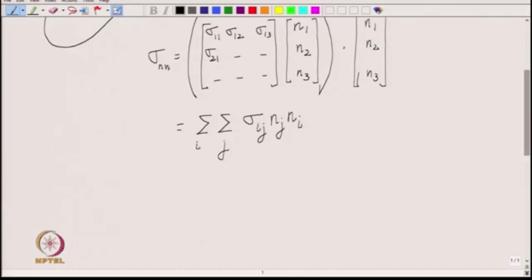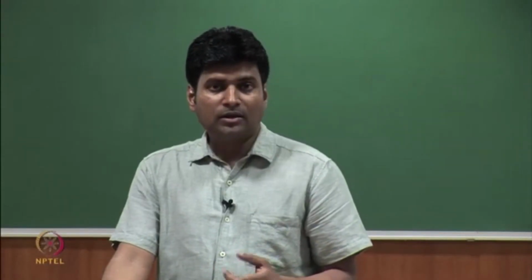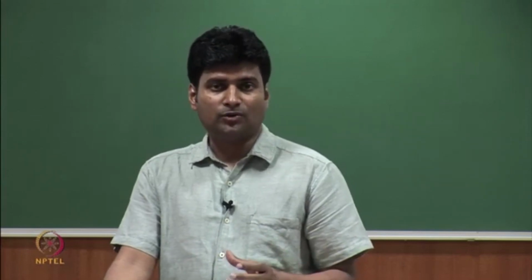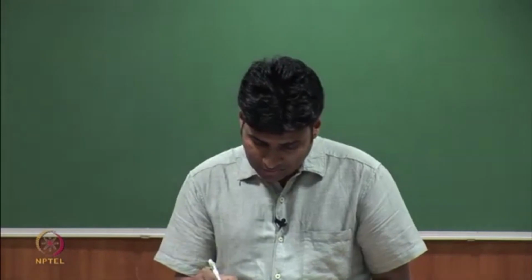So, we have the unknown is n 1, n 2, n 3. So, we have to find out the plane on which sigma n n is getting maximum or minimum. So, n 1, n 2, n 3 are the unknowns and stress matrix will be given to you. Okay. So, I will write here.